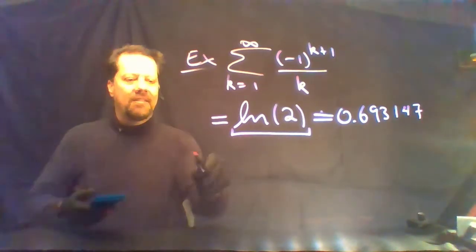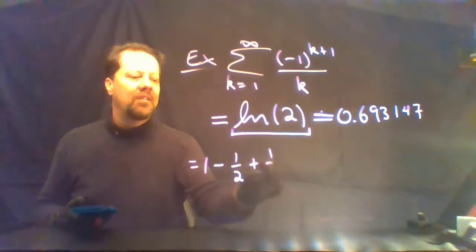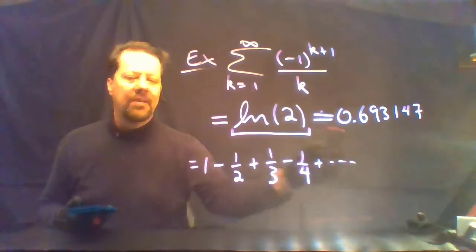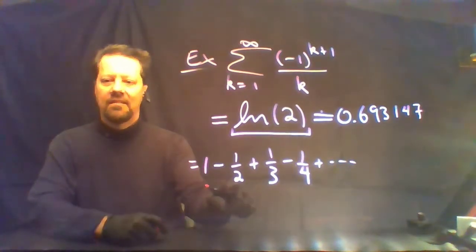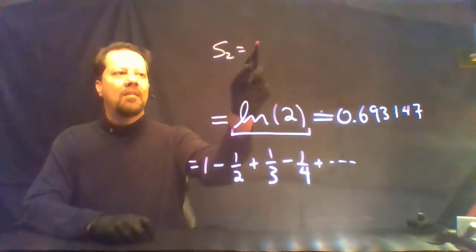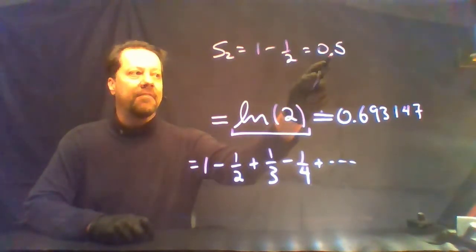Note that the original series is 1 minus a half plus a third minus a fourth, and so on. What is 1 minus a half? 1 minus a half is 0.5.